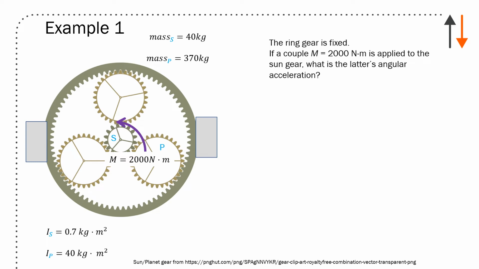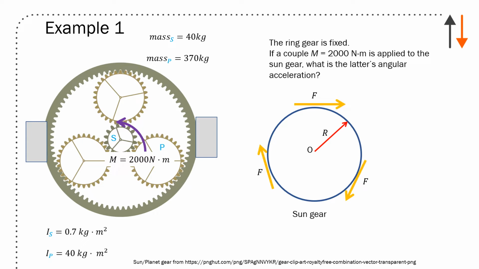You're applying this 2,000 Newton meter moment about the sun gear, and you can see that it is counterclockwise, so it's a positive value. You have the sun gear here with the outer radius, and you have the forces applied from each of the planet gears, and the moment of 2,000 Newton meters.